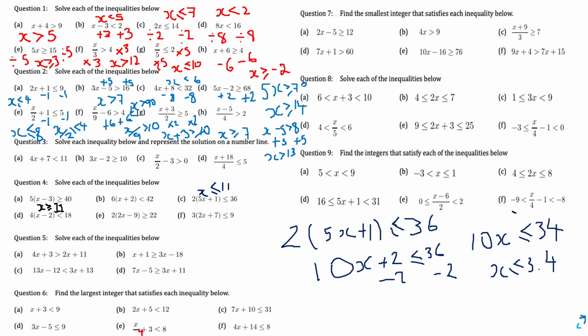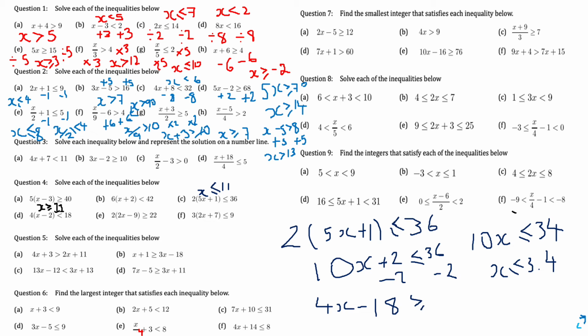Okay, I'm going to jump on to part E now. So expanding this bracket, 2 times 2x is 4x, and then 2 times minus 9 is minus 18.